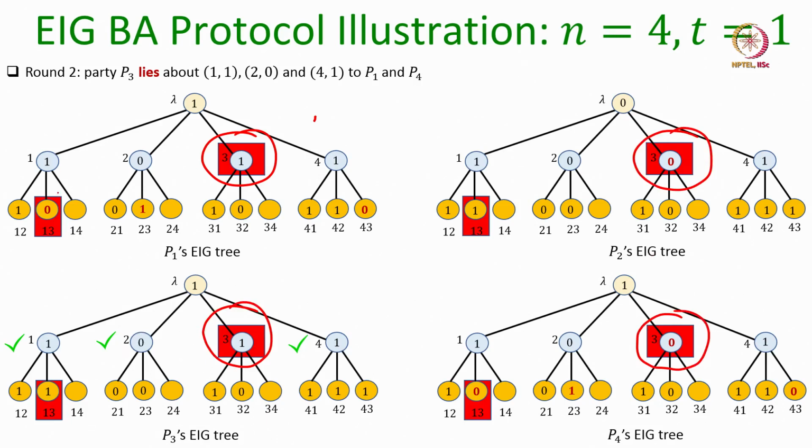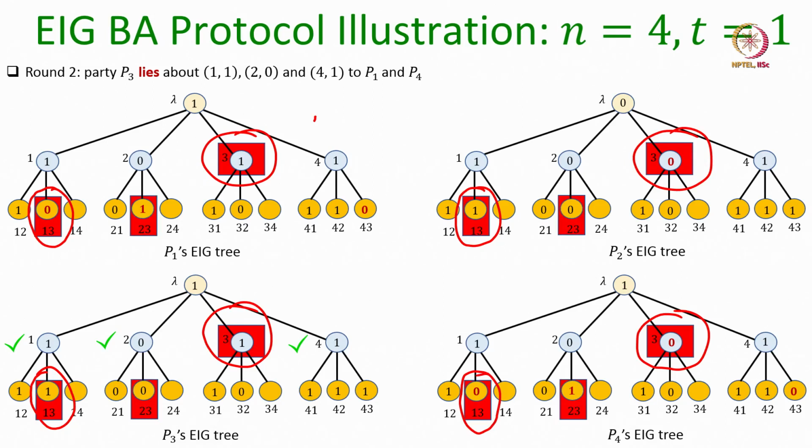And if we see the node with label 1 3 in different EIG trees, again the values are different, because in round 2 party P3 has lied.